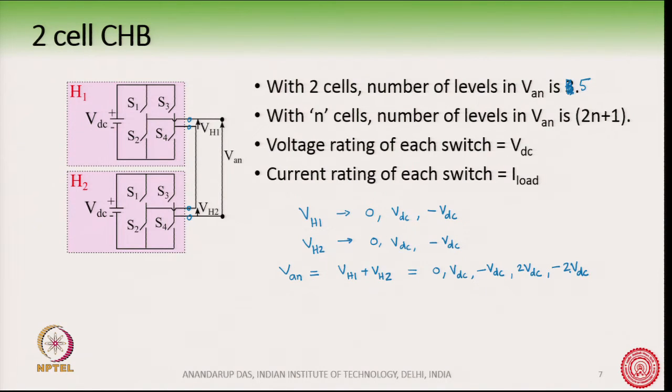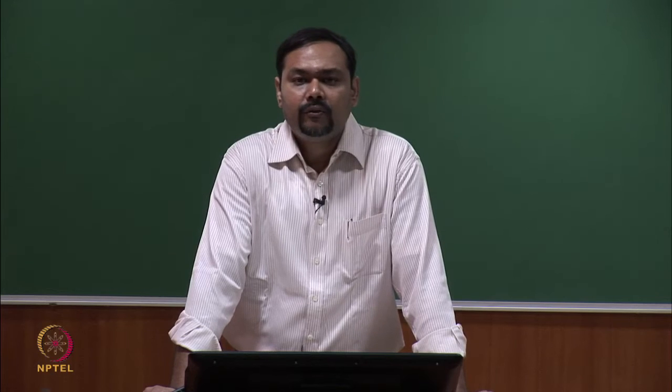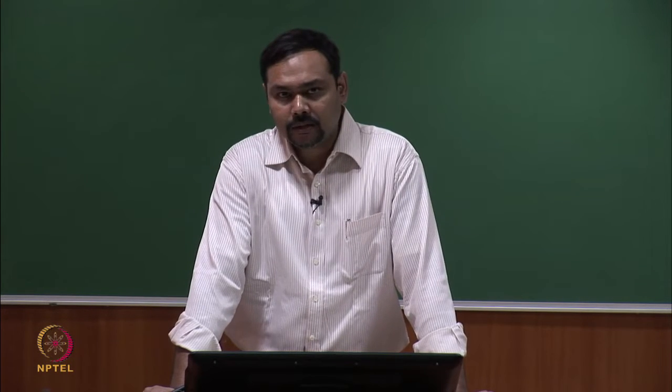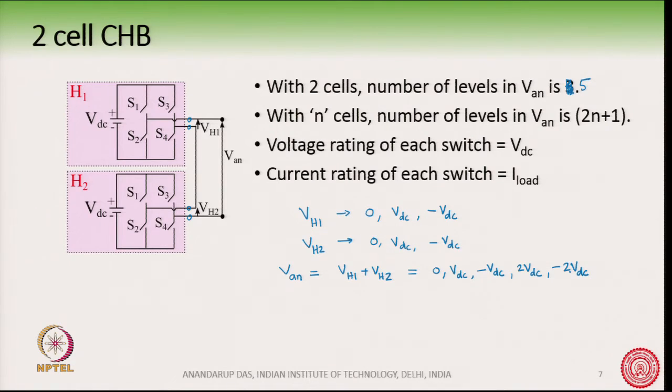Now, if you generalize it, if you connect n such cells, then the number of levels in VAN will be 2n plus 1. Now, remember that the voltage rating of each switch in each cell is VDC.